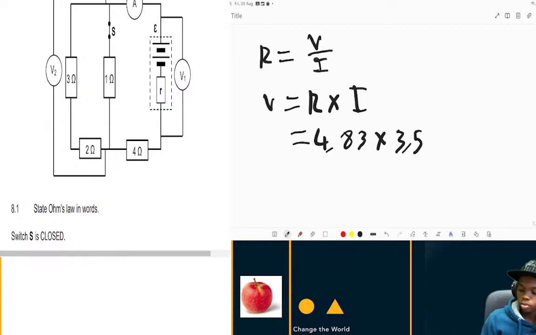The formula R equals V over I, so V equals R times I, because we cross multiply. Now we can put this into a calculator.